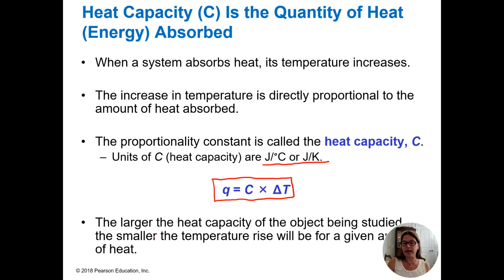The larger the heat capacity of the object, the smaller the temperature rise. And that should make sense, because if something can hold way more heat than something else, then the temperature change isn't going to be as significant, because most of that heat is being absorbed by the system.